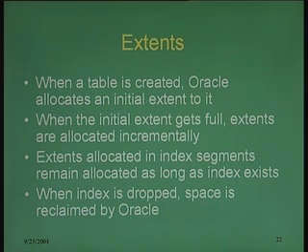That is, we saw that a segment is a set of different extents, and extents can be allocated for any given data structure like tables or indexes and so on. So if I allocate an extent to an index, the extent remains allocated as long as the index exists, and is automatically freed when the index is deleted.